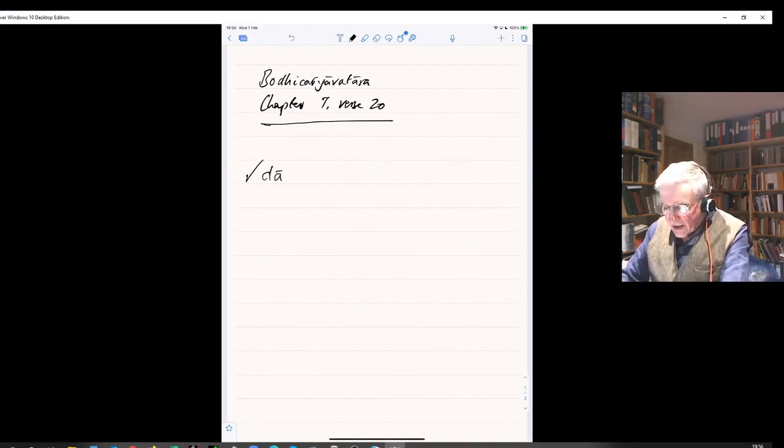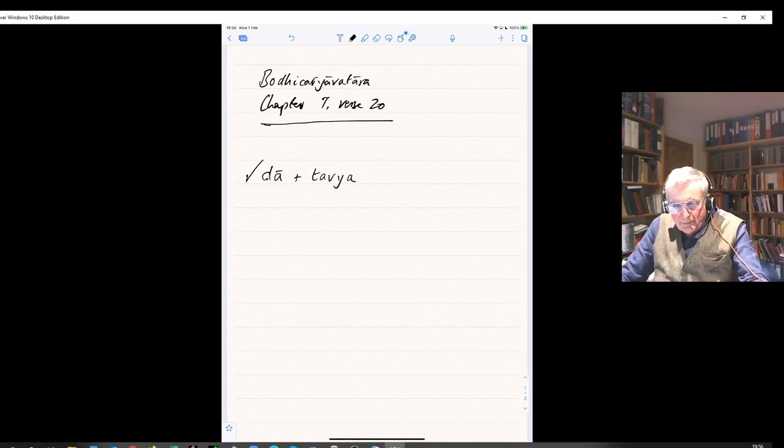The root da, as we know, to give, with this future passive participle ending. So datavya, meaning to be given, requiring to be given, has to be given. So hastapadadi datavyam, a hand or foot might have to be given. In other words, I might lose a hand or a foot.